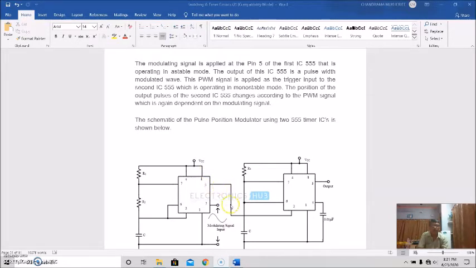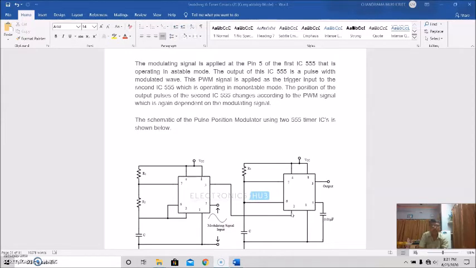This pulse width modulated signal is applied as the trigger input to the second IC 555, which is operating in monostable mode.